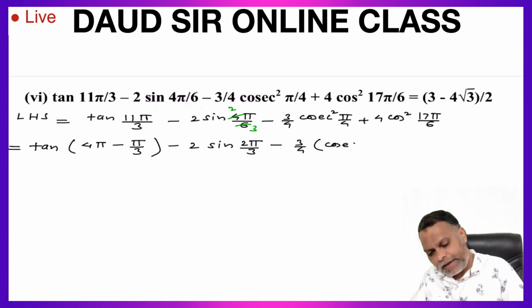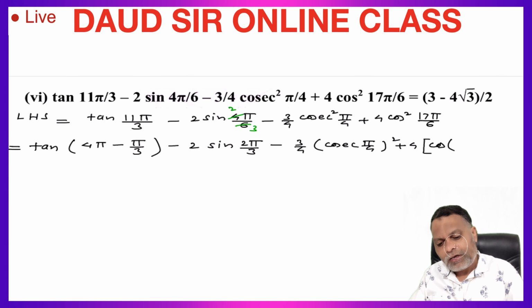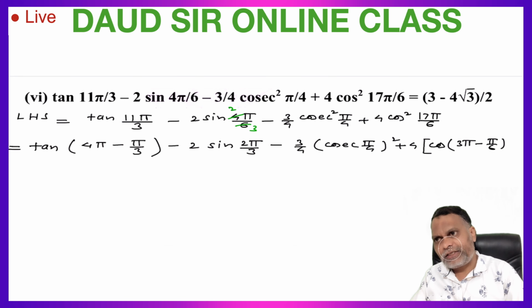This is cosec pi by 4 whole square we can write, plus 4 cos square, this cos whole square we can put. Divide the 17 by 6: 6 3s are 18, so 3 pi minus pi by 6. Simplify this, 6 LCM, 6 3s are 18 pi minus pi, 17 pi by 6, and put its whole square.